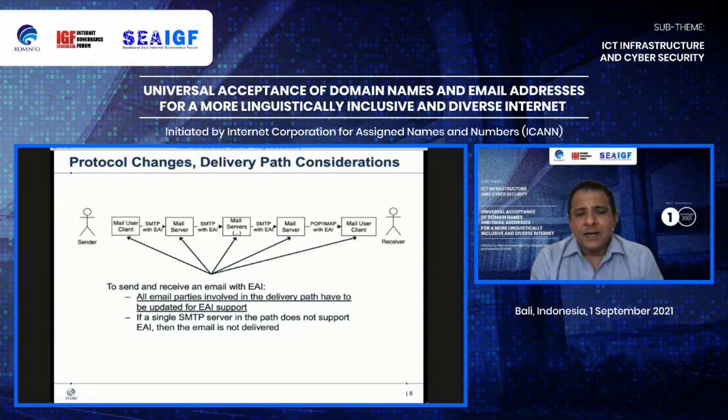Now, if any of the mail servers cannot accept that EAI email, then the mail server that is going to send that email will not be able to send it. It will basically drop that email, and then the sender will need to be notified with a failure message. So that should be the way. Next slide.